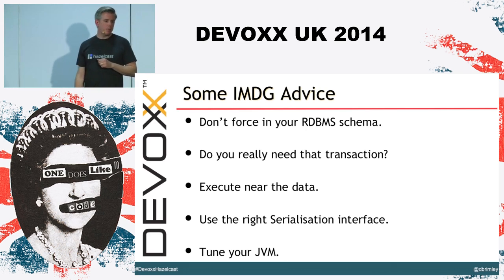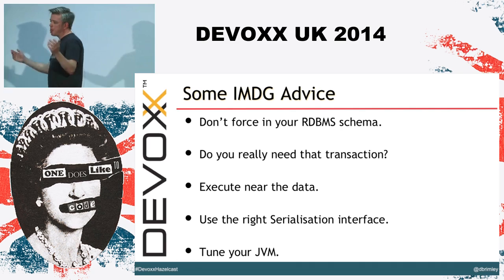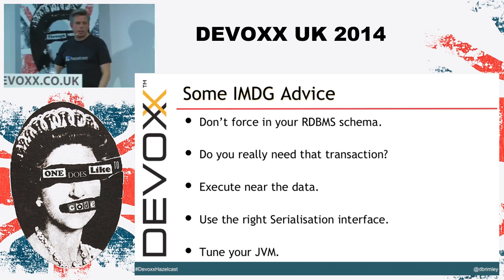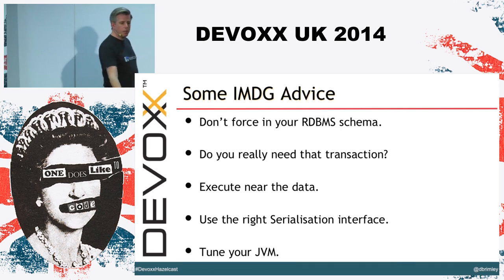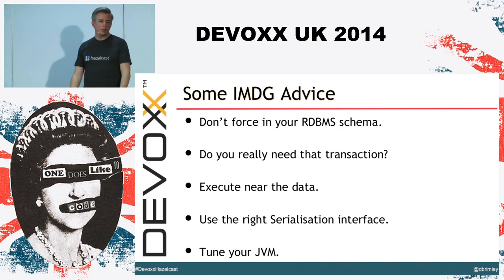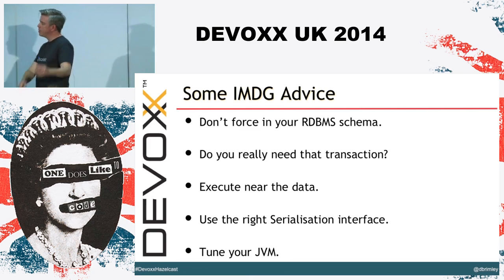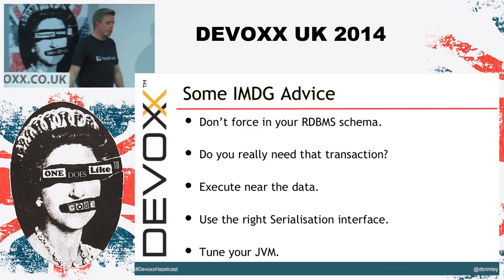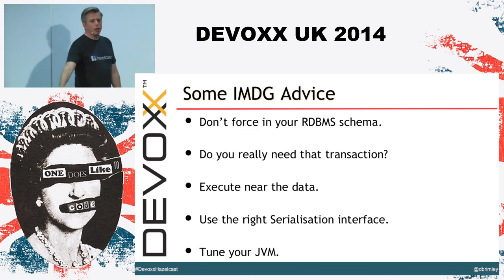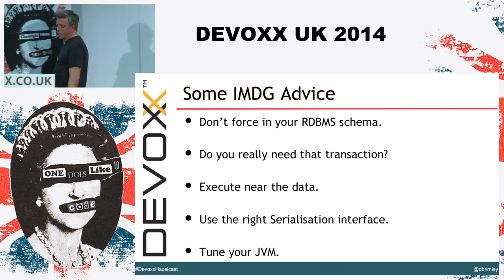You've got some FX spot prices, for example. There's maybe 200 of those things, and they're quite small, but they're ticking really fast. They're generating a lot of garbage. So tune your JVM appropriately. Give yourself a nice big chunk of Eden to do that. What you don't want is a lot of garbage, temporary objects, going over into old generation. So just think about a few of those things.